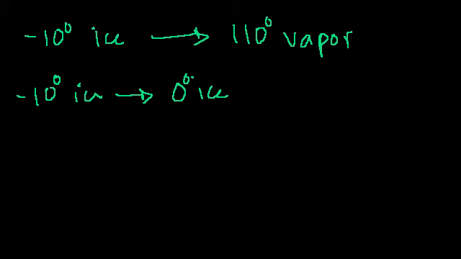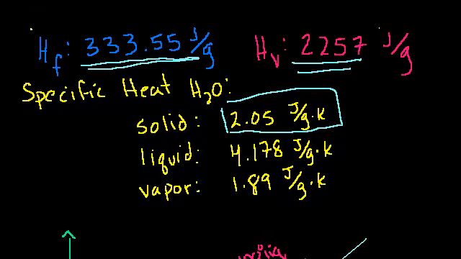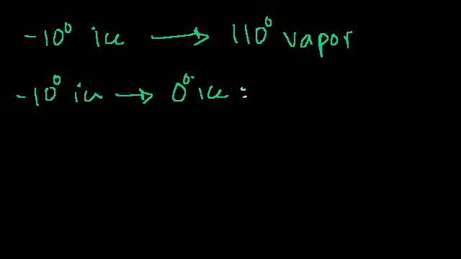So the heat is going to be equal to our change in temperature. Actually, we could write the specific heat first: 2.05 joules per gram Kelvin. Let me write that down. Our specific heat times, and I should tell you, we're going to have different values for the amount of ice we're warming up to vapor.